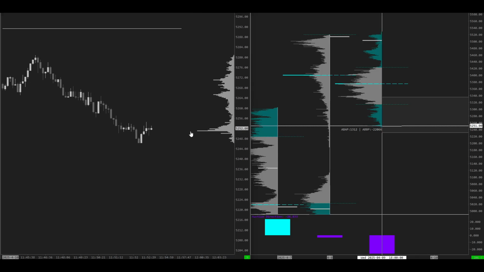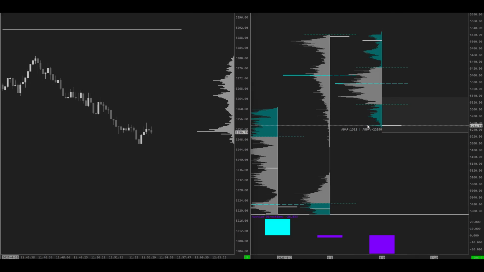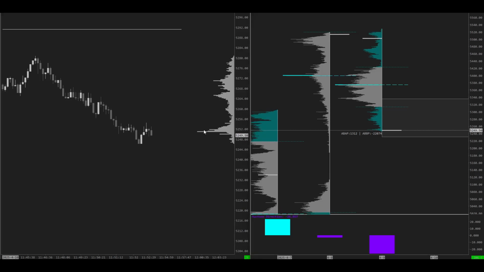Might have been a bit of an iceberg right there. It's even showing up over here a little. This got this little high volume node right there.